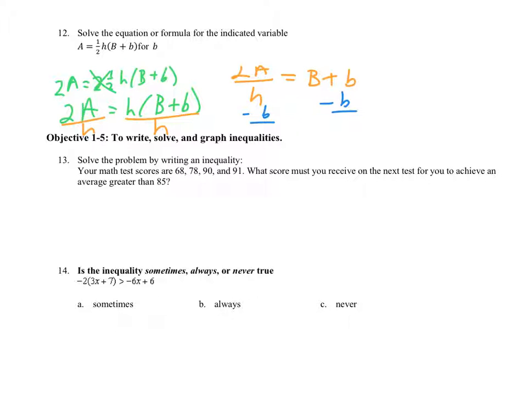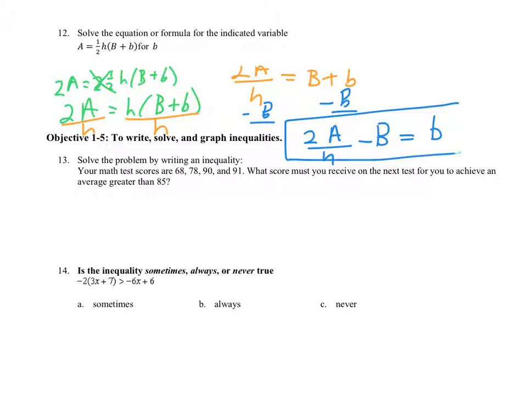Now, not much we can do to make that look nice on the left. We're kind of just stuck with 2a over h minus the b. Whoops, I subtracted by the wrong b. I did the one I was trying to solve for. I'm just going to pretend that didn't happen. Subtract the capital B, and then we have the small b on the right by itself like we wanted to. So that's what that looks like. 2a over the h minus the capital B equals the small b.